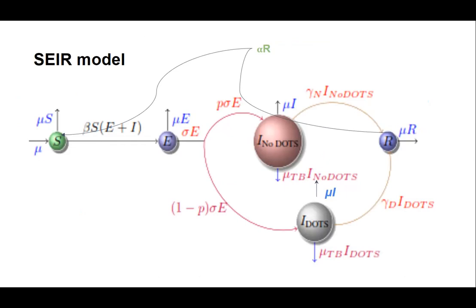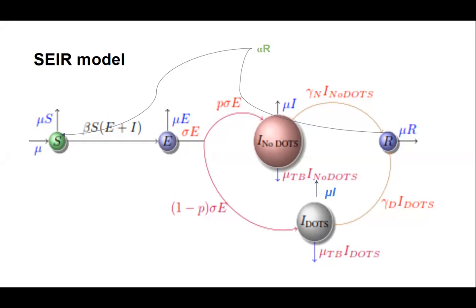We made a few adjustments in the model that we had previously, and this time we have the SCIR model, where we have the susceptible compartment and the exposed compartment. The infectious compartment has been divided into two, where we have our intervention of DOTS and no DOTS for the infected individuals.